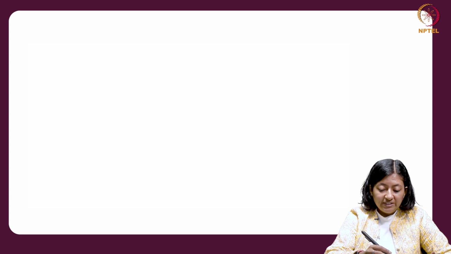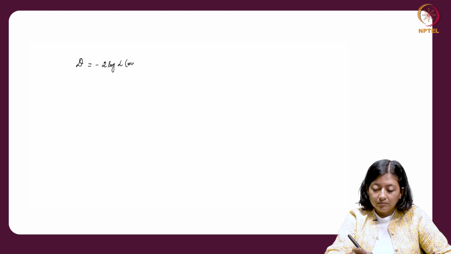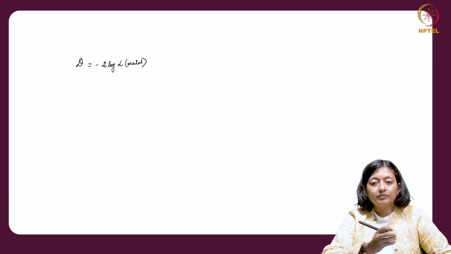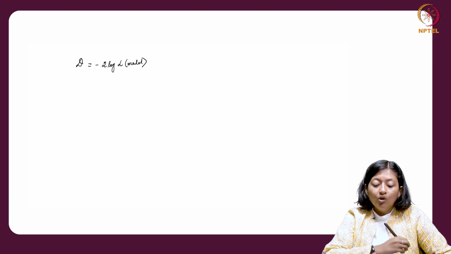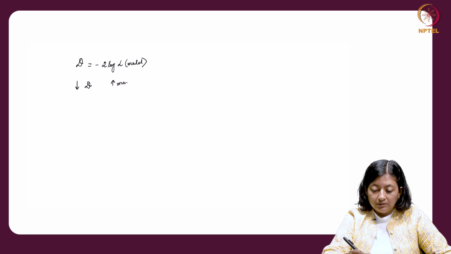So, let us now try to understand null deviance and residual deviance. What is a deviance? Deviance is minus 2 times log likelihood of the model, and lower the amount of deviance, better the model.